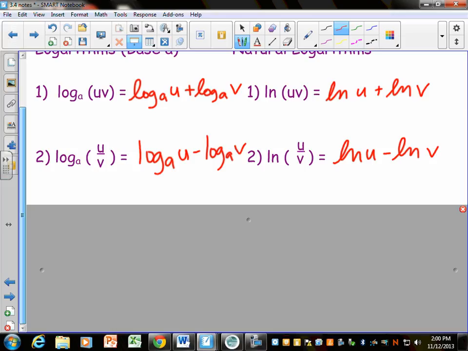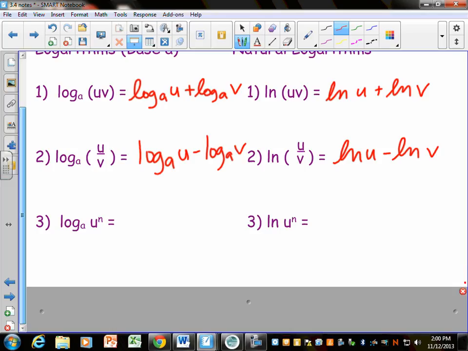Multiplication goes to addition, division goes to subtraction, and then this is the last one, an exponent. What exponent rule does this go to? When you have an exponent to an exponent, do you remember what you do? You multiply. So do you remember the rule with logarithms? What can you do if you have a logarithm of something to an exponent? You can pull the exponent in the front and make it a multiplication.